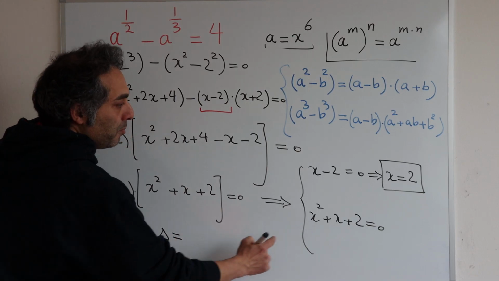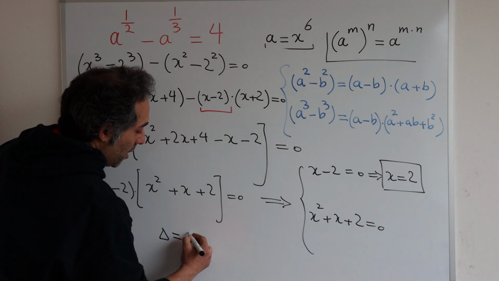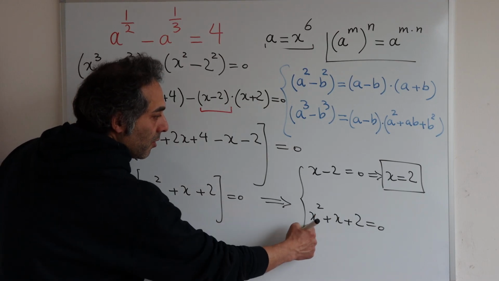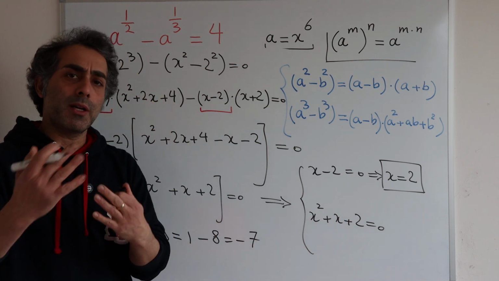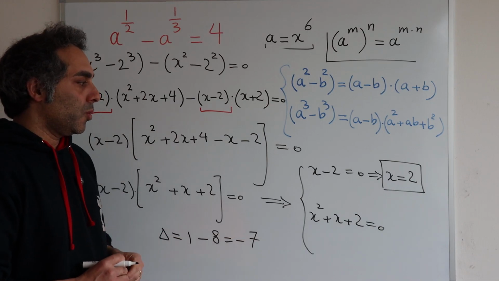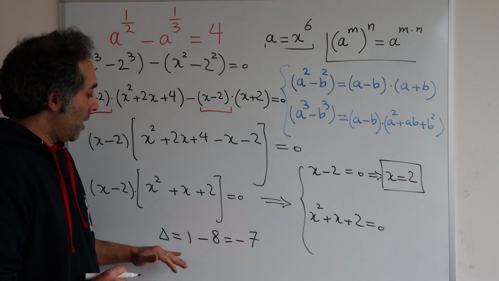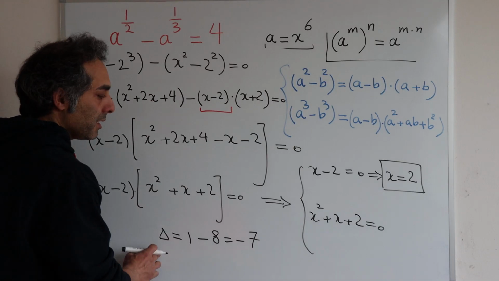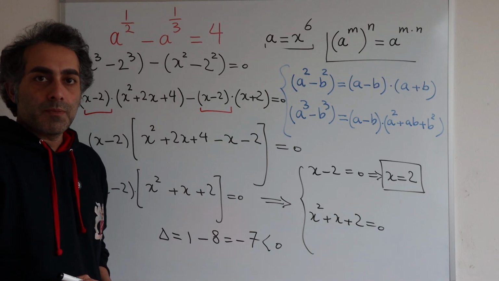Delta is b squared, 1 squared is 1, minus 4 times 1 times 2 is 8, which is minus 7. I don't go further because at the first step I wanted to solve x, but for this process I just stop by solving delta because delta is minus 7 and it's less than 0.